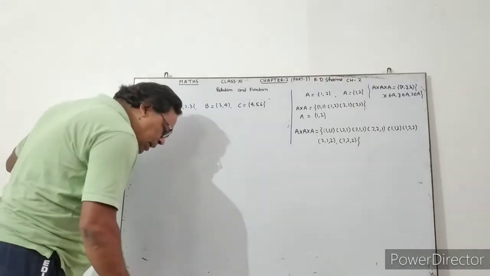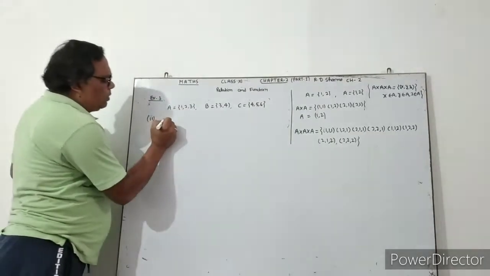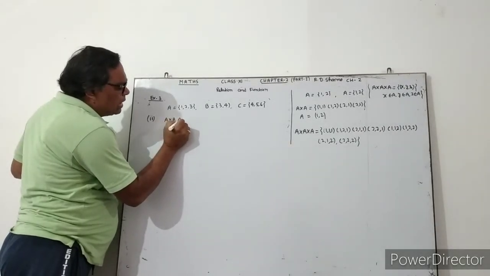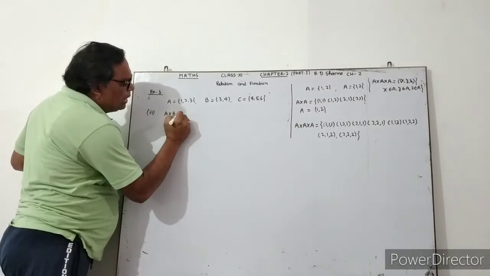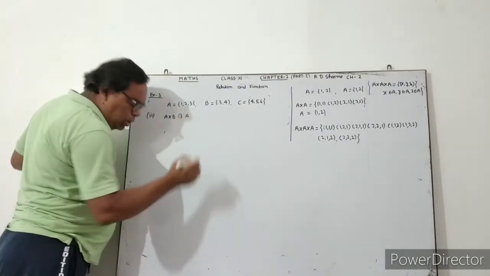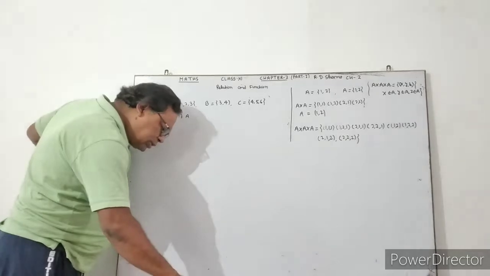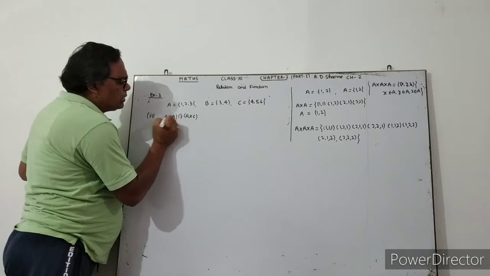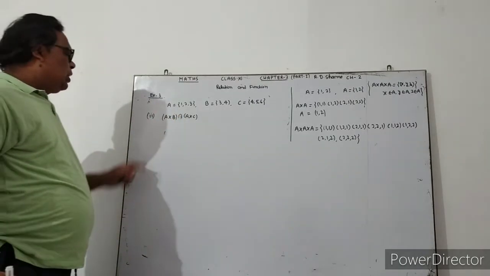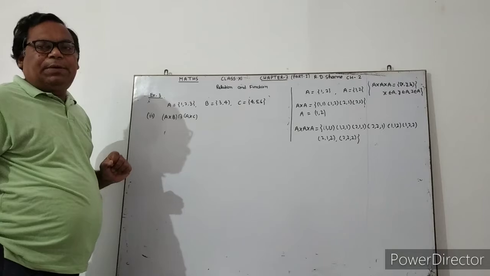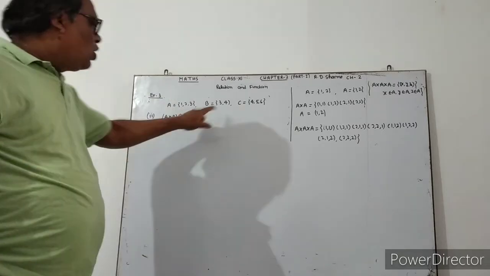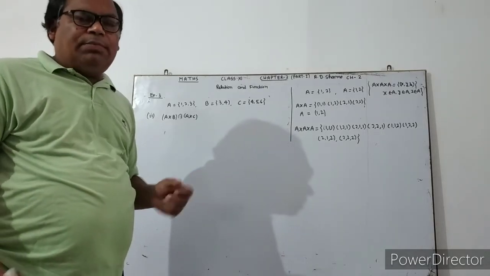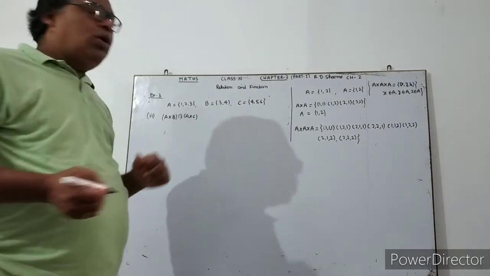Find A cross B intersection A cross C. First you find A cross B, then you find A cross C. Intersection means common elements of A cross B and A cross C.